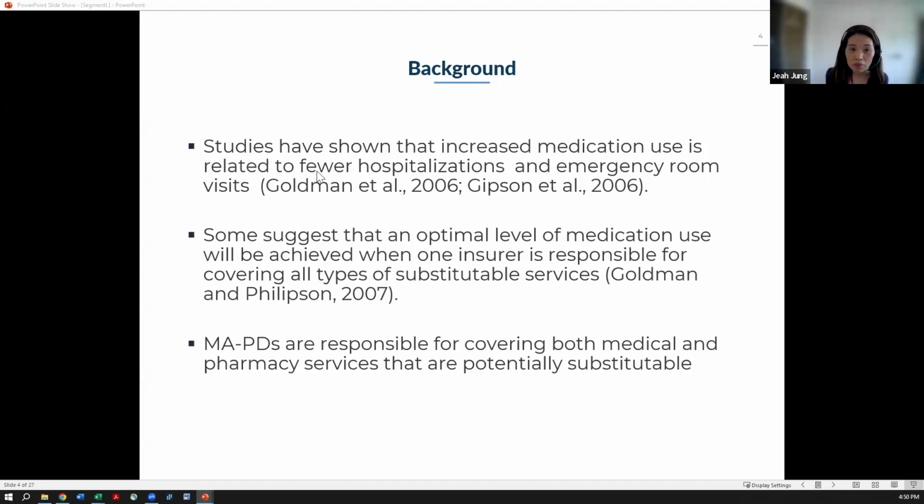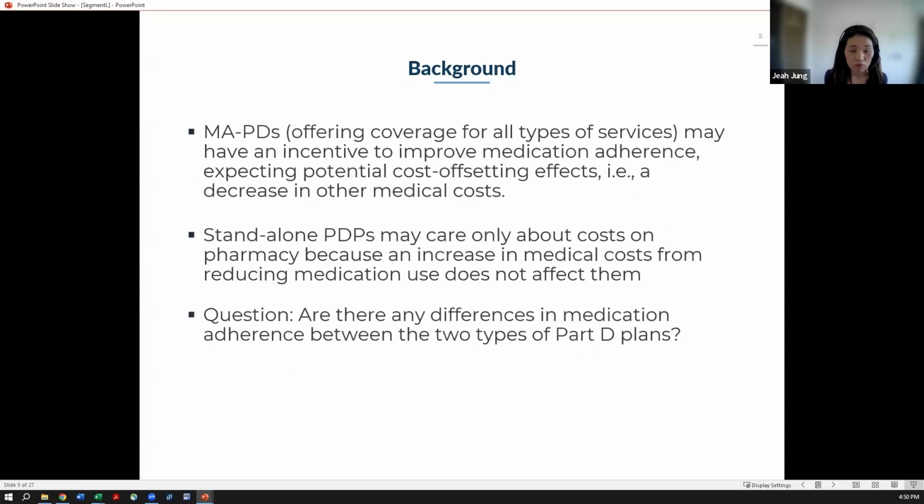Why is that? MAPDs offer coverage for both pharmacy and medical services. Then they have an incentive to encourage their enrollees to use more medication or to adhere to scheduled medication use.